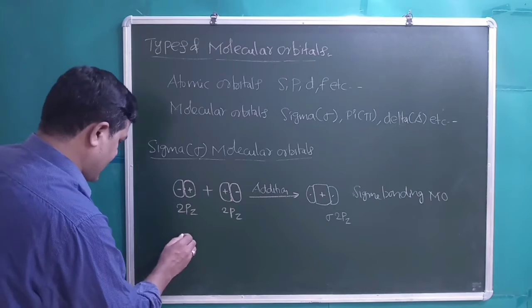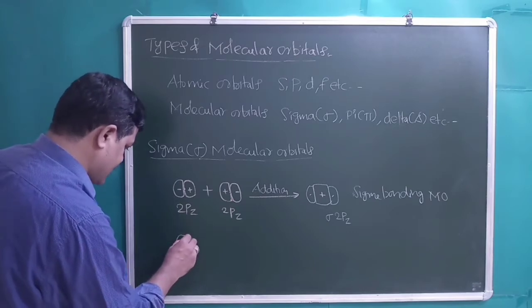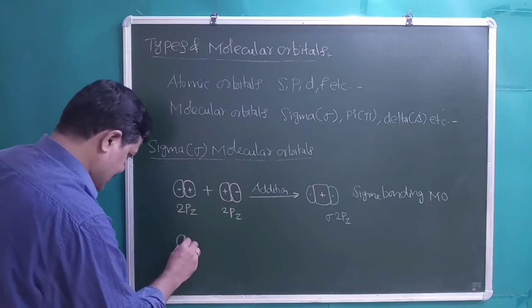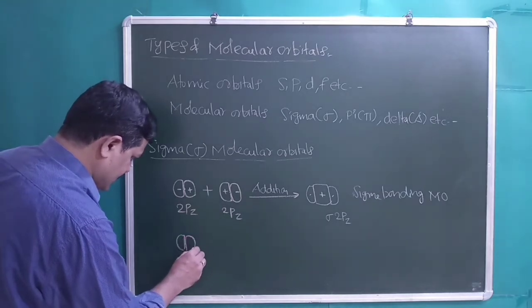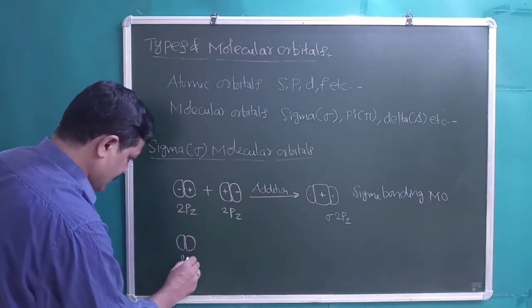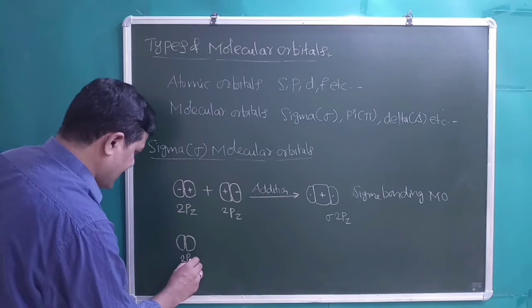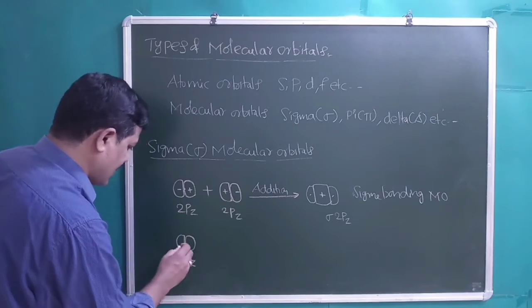Destructive overlapping of 2pz orbitals will give sigma anti-bonding molecular orbitals.